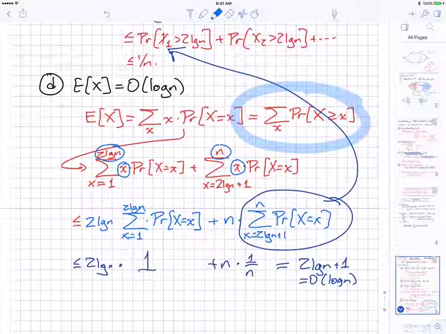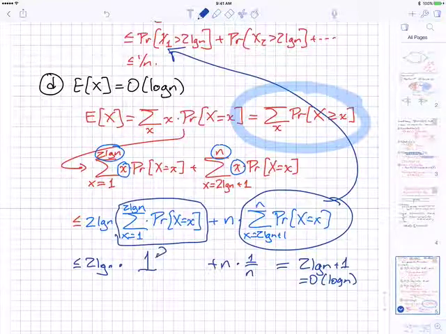All probabilities are between 0 and 1. This summation is the probability that capital X is at most 2 log n, and therefore it's at most 1.